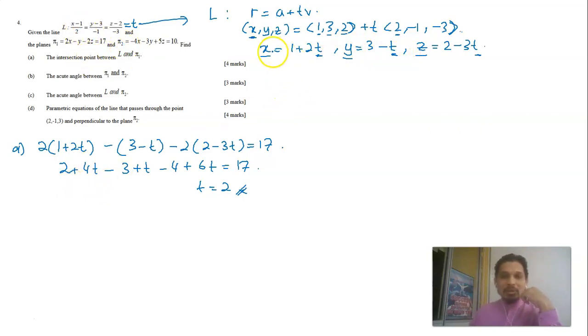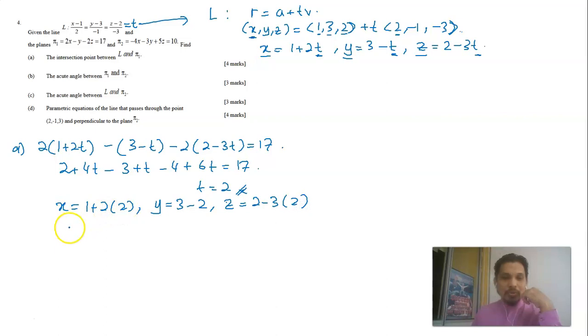So x equal to 1 plus 2 times 2, y equal to 3 minus 2, and z equal to 2 minus 3 times 2.